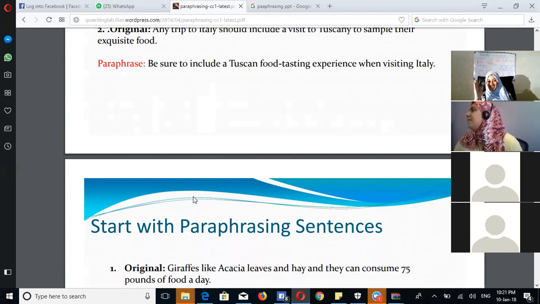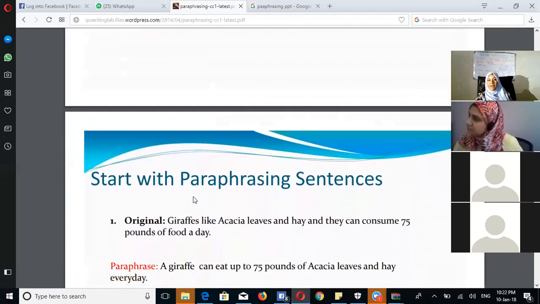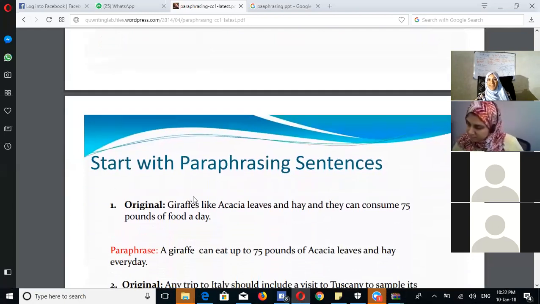Okay, that is good, but a day here is misplaced. It means every day. You have to put it at the end of the sentence. Okay: 75 pounds of food can be eaten by a giraffe a day. Very good. Thank you very much.